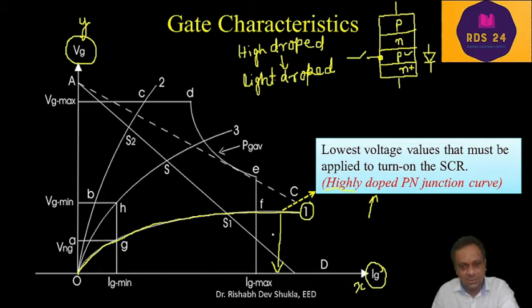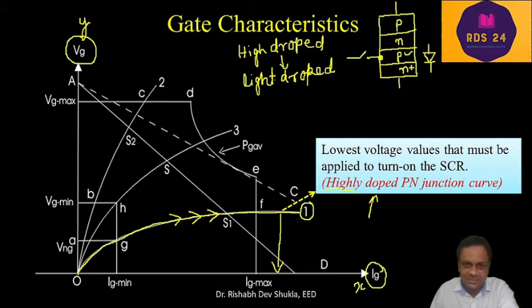It is towards the Ig axis because there is a large change in current with a little change in voltage. If your junction is highly doped, you will find abrupt changes in current values and lesser changes in voltage values.